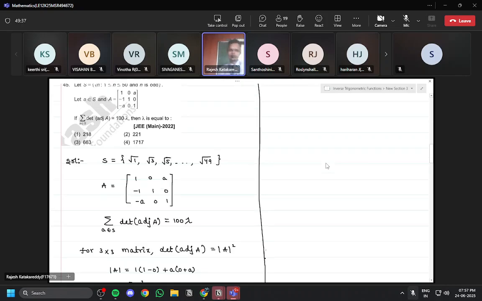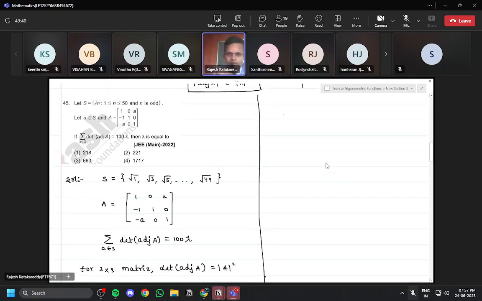So now I can write det of adjoint of A is equal to determinant of A whole squared, that is (a square plus 1) whole squared. Maybe we'll keep it like this, since expanding might be trickier. Let us substitute: summation over a belongs to S of (a square plus 1) whole squared is equal to 100 lambda. We need to find that lambda, right?